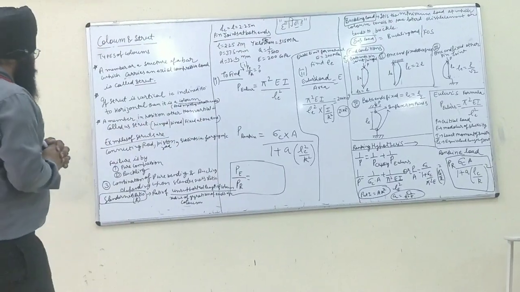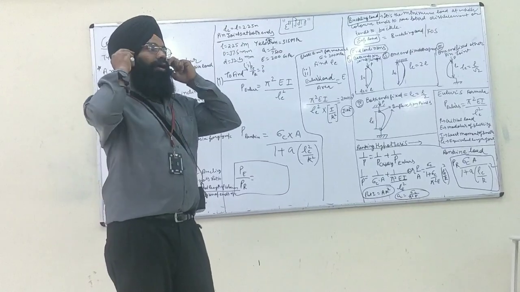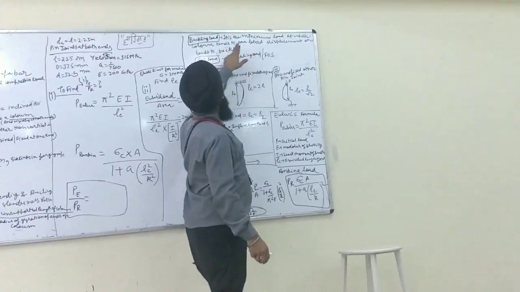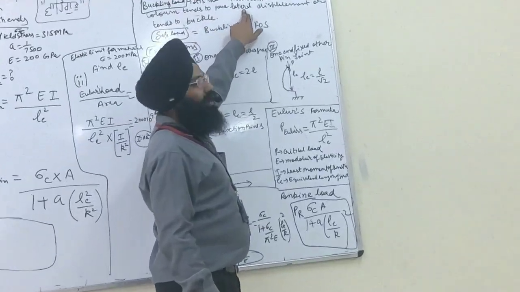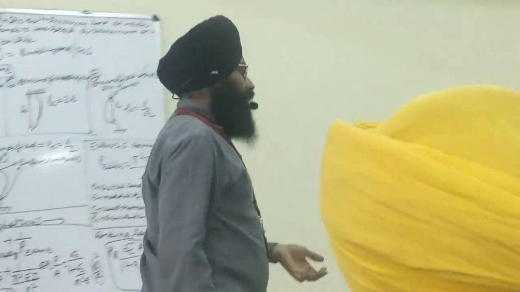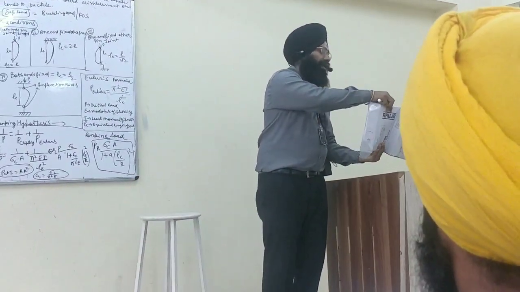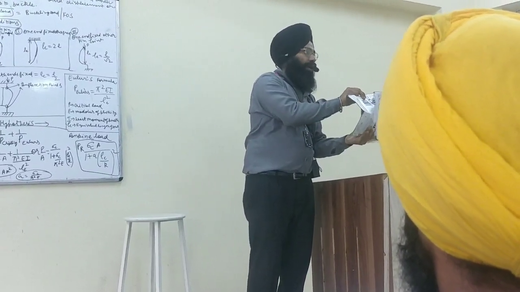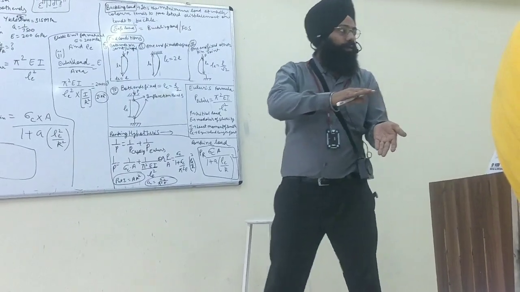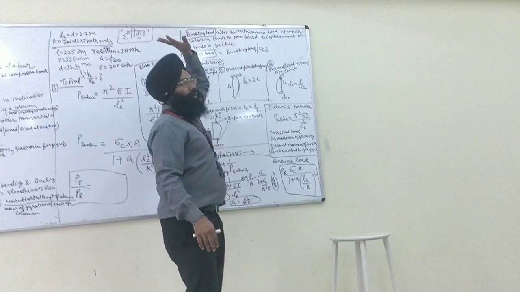Okay, coming to the next part. What is a buckling load? When a compressive load is applied, the minimum load at which the column tends to have a lateral displacement, or buckle. This is a column, and I am applying a compressive load, it will tend to buckle. At that time, due to the compressive load, this load is defined as the buckling load.